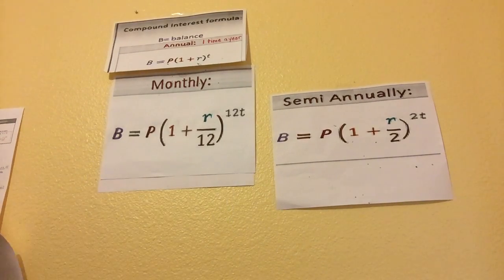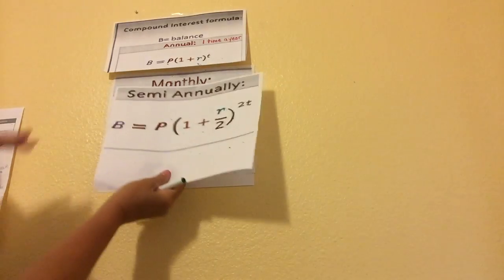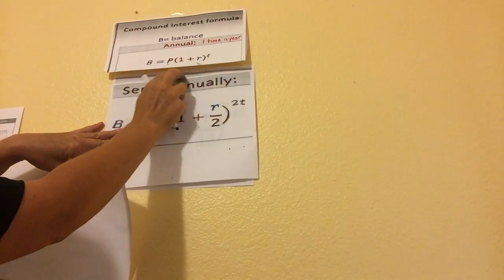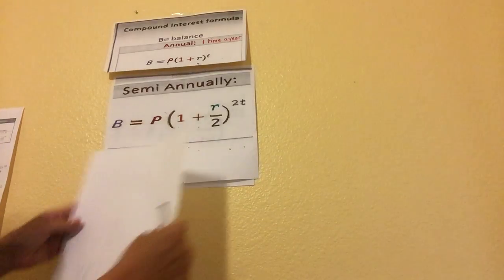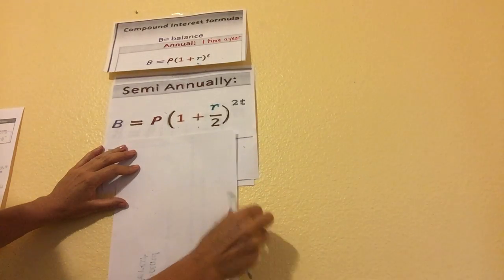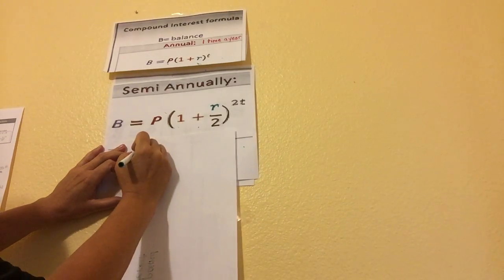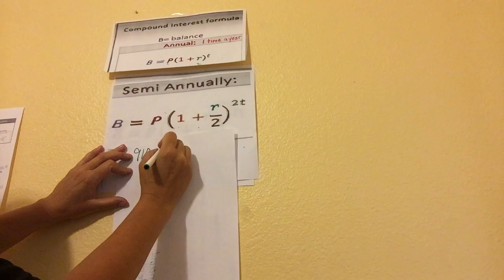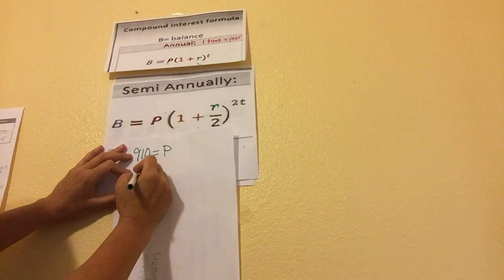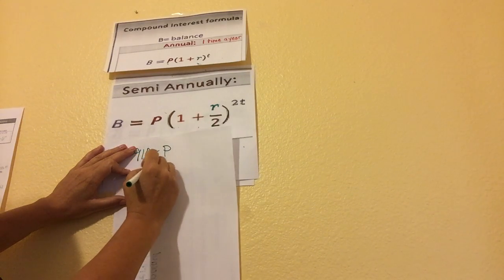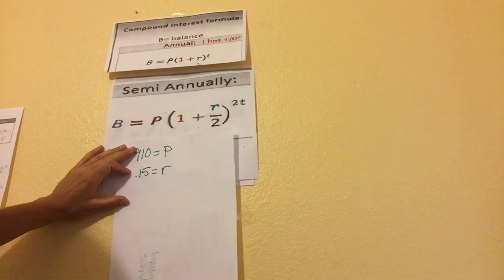So let's see, what formula are we using for number 8? Semi, right? So we're using this one now. Okay. So 910 equals P. R equals 0.15. Okay.